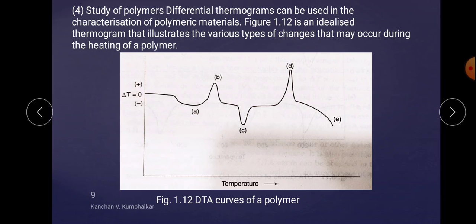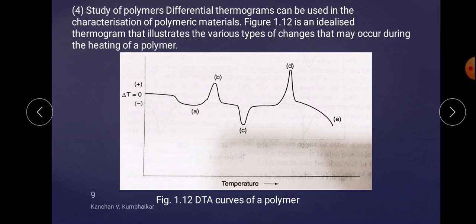The fourth application is the study of polymers. Differential thermograms can be used in the characterization of polymeric materials. Figure 1.12 is an idealized thermogram that illustrates the various types of changes that may occur during the heating of a polymer.